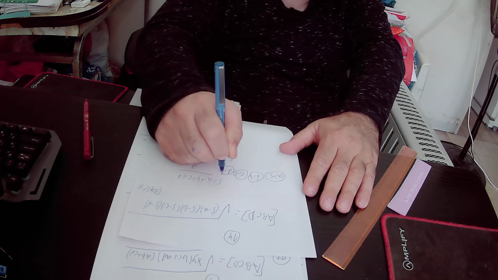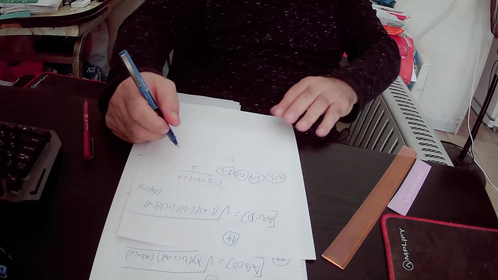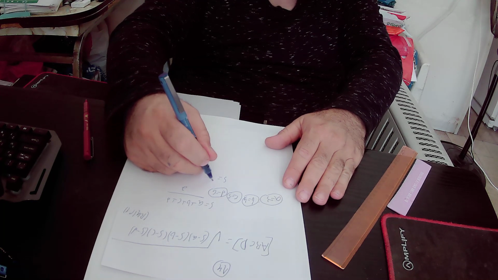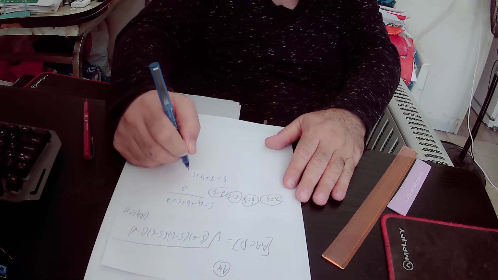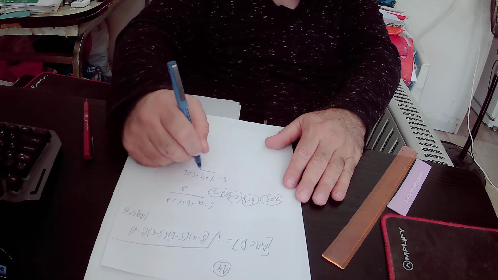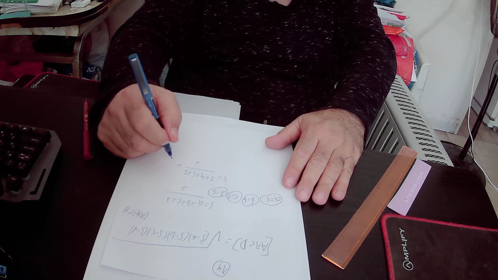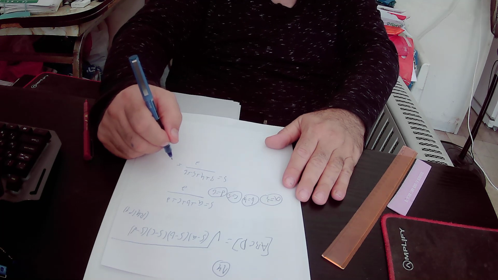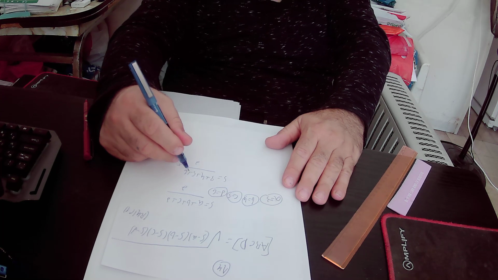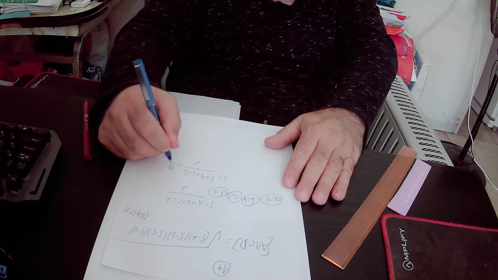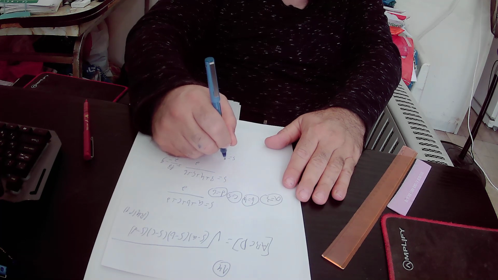So A plus B plus C plus D, where A is 3, B is 4, C is 5, and D is 6, all divided by 2. So S will be equal to 3 plus 4 is 7, 7 plus 5 is 12, 12 plus 6 is 18, and 18 over 2 is 9. So we found out that S equals 9.